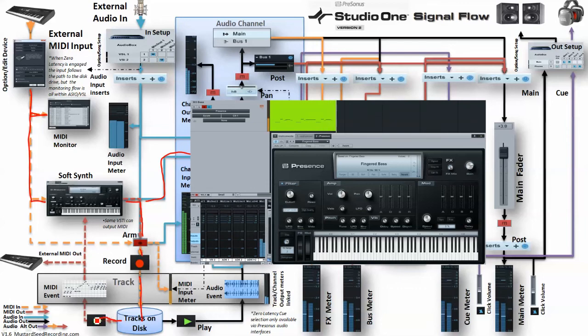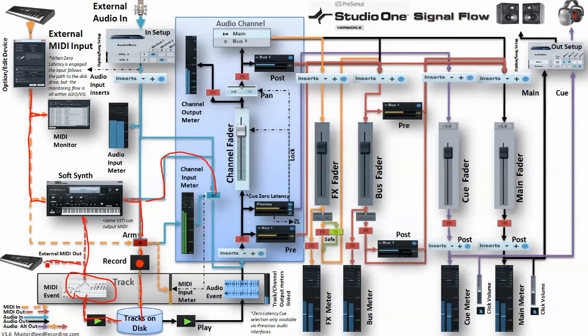Then it is played back from the disk as a track via this event back into the soft synth or out to an external device. Now, if you're not using a soft synth, the MIDI data would be flowing down into the system through the same path to the disk. This is why when you're using a soft synth, you have to have the monitor button on in order to actually hear the output of the soft synth through the monitoring system.